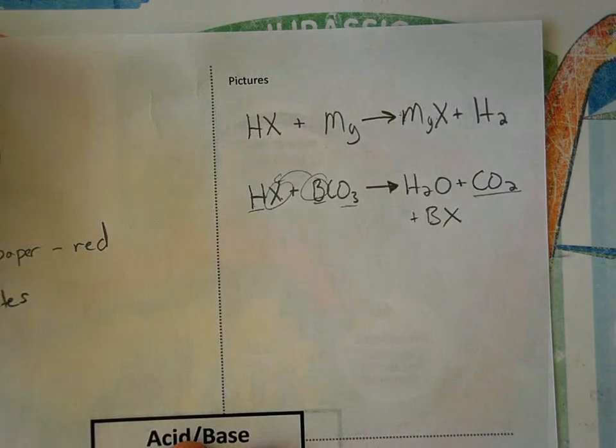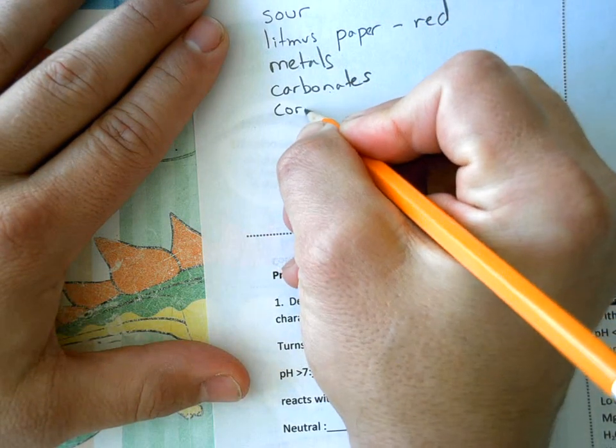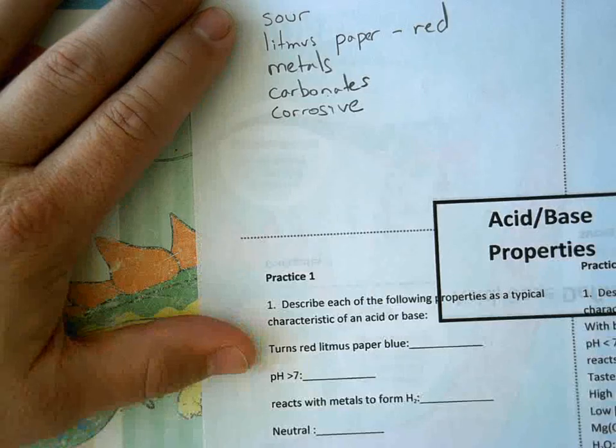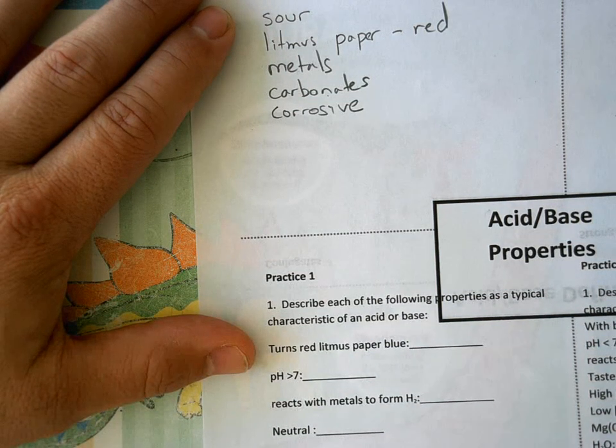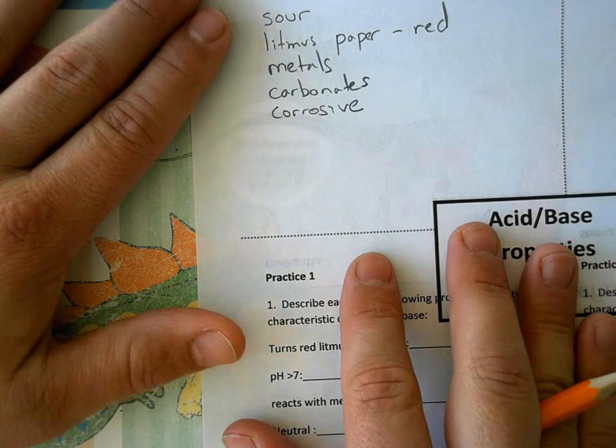Okay, so acids can also be corrosive, which means if they are strong enough, they can dissolve things away. And acids would oftentimes start with an H at the beginning of the formula.